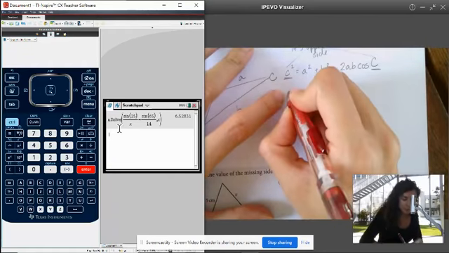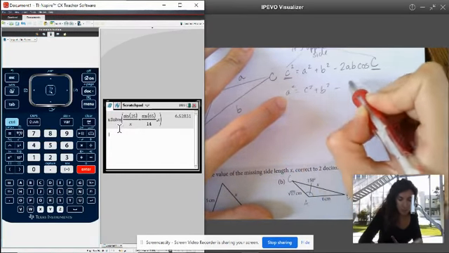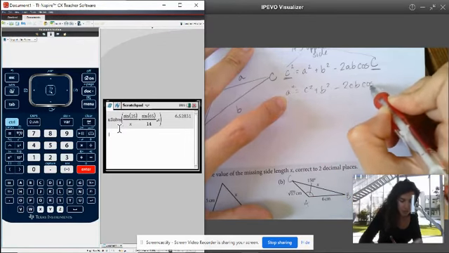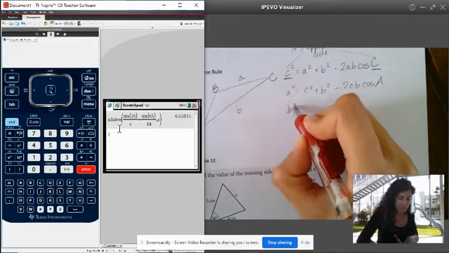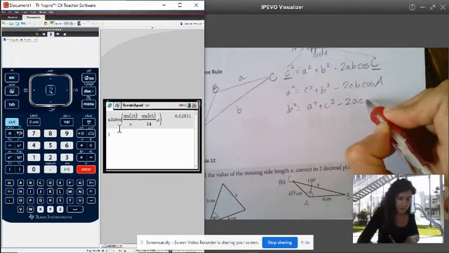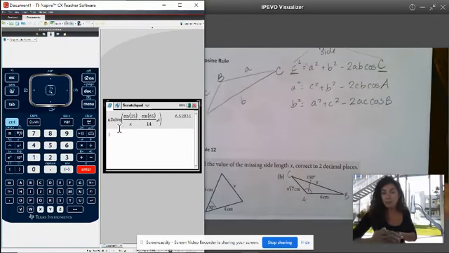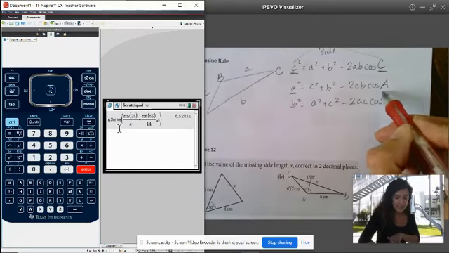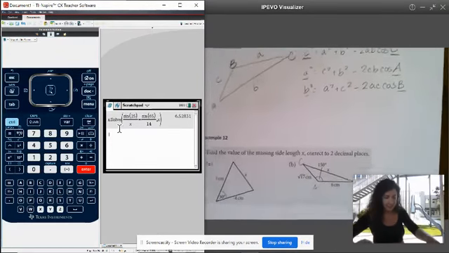You could do lowercase a squared equals c squared plus b squared minus 2cb cosine of uppercase A. That is also the law of cosines. You could do it with B. The relationship is that it has to be the side length and its opposite angle. That is key.